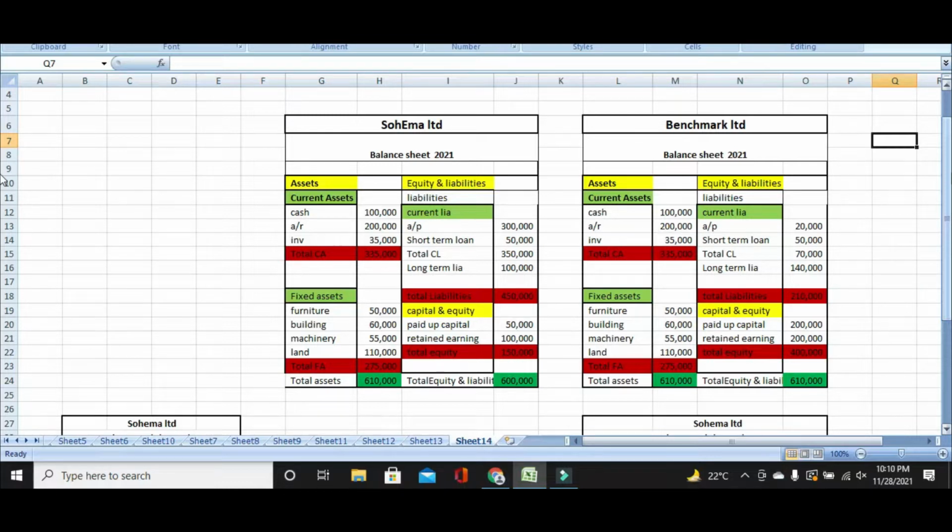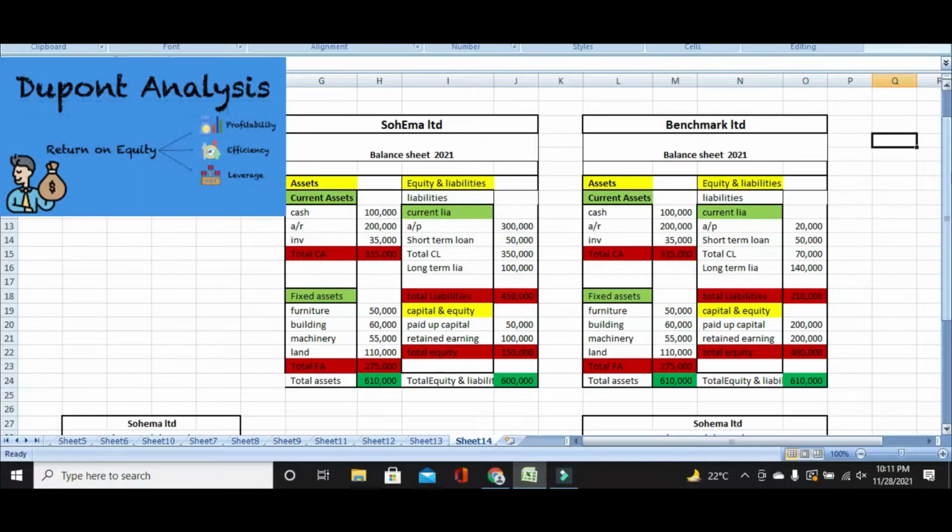Okay, so first we will calculate return on equity, and it will tell us the amount of profit that has been earned against per dollar of investment by the owners. Once we have calculated return on equity, then we will implement the DuPont framework on that.